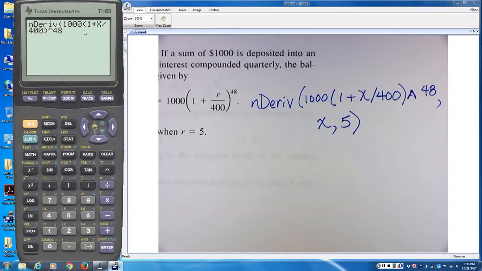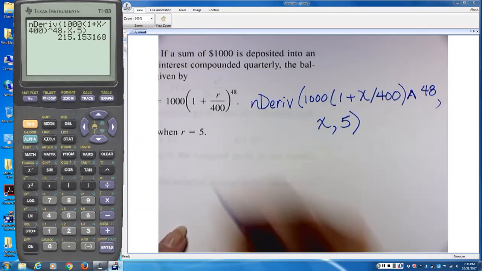And since you opened a set of parentheses there, you've already closed them, so you don't need another set of parentheses. You just hit your comma, your X, and your 5, then close the parentheses and hit enter, and this is the answer that it gives you.